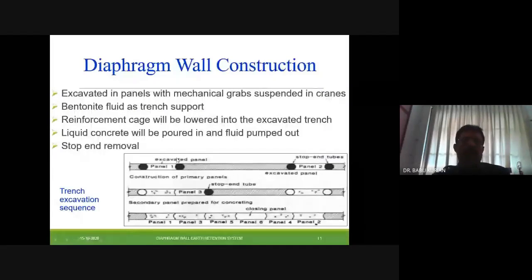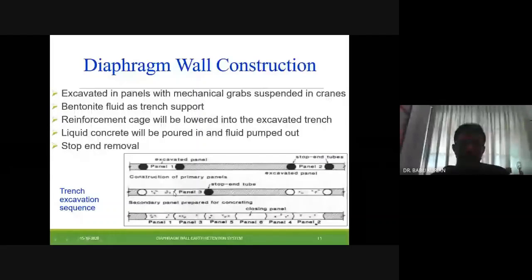After the soil is removed for one panel, we insert the reinforcement cage. After inserting the reinforcement cage, the bentonite fluid is pumped in to protect the sides. With the help of a stop end, and similarly for the second panel also.